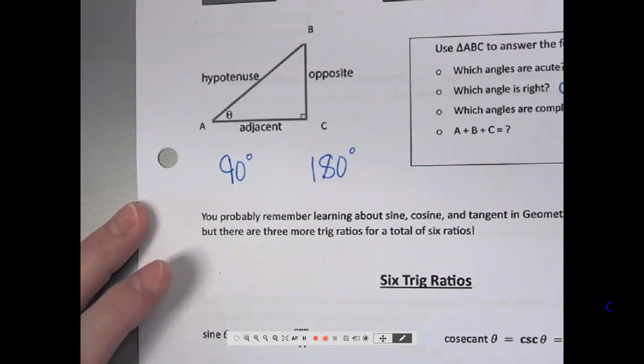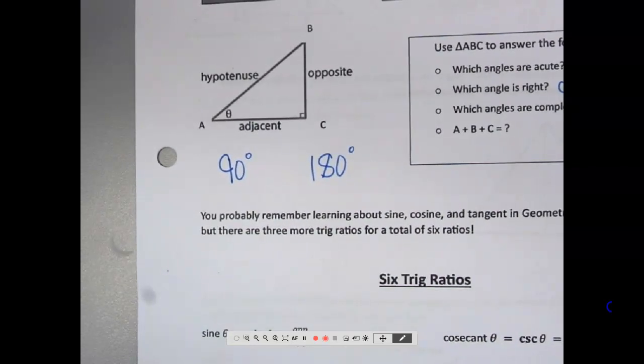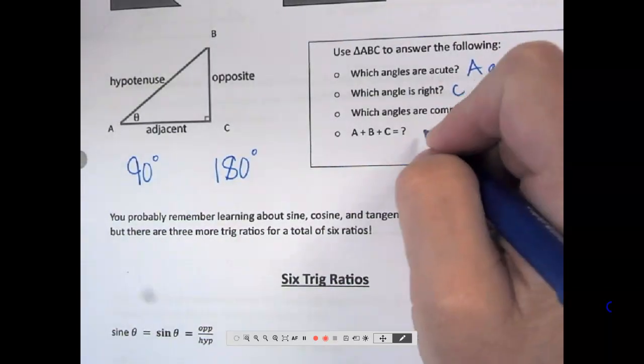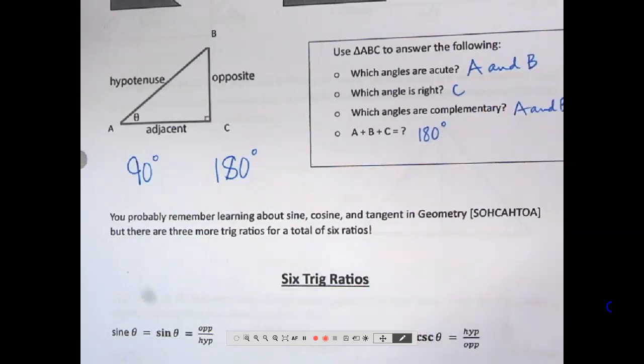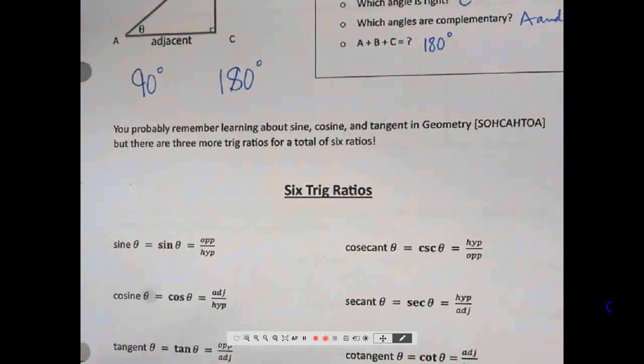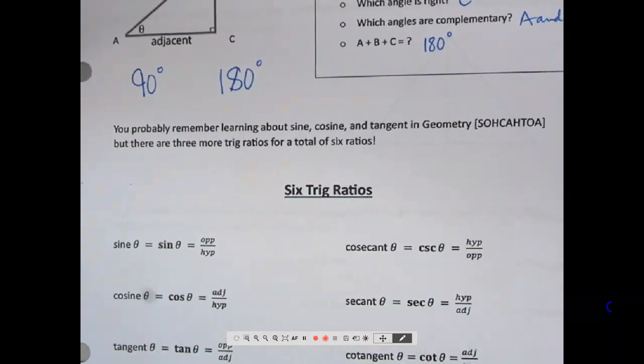Cool. Okay, so complementary adds up to 90. Supplementary adds up to 180. What is angle A plus angle B plus angle C? Therefore, they are what? Supplementary. Awesome.